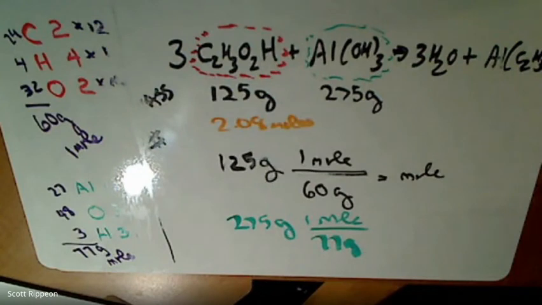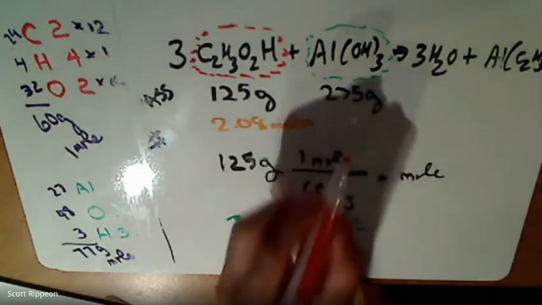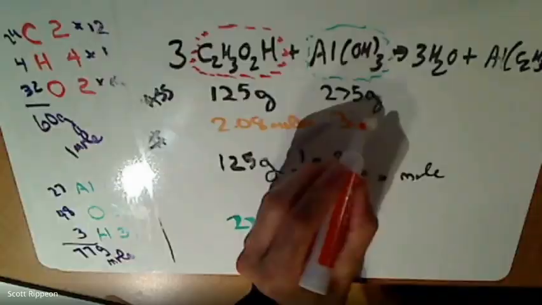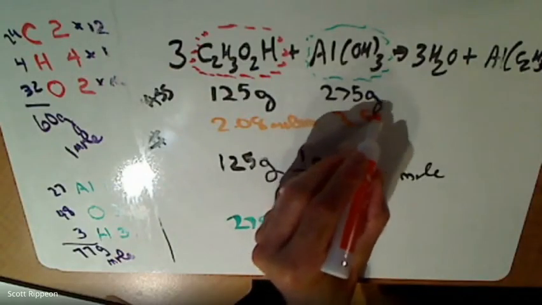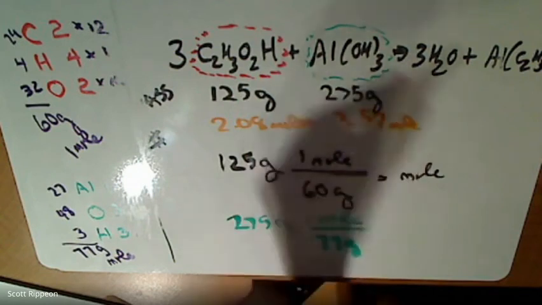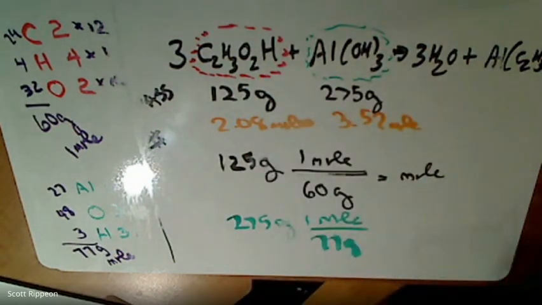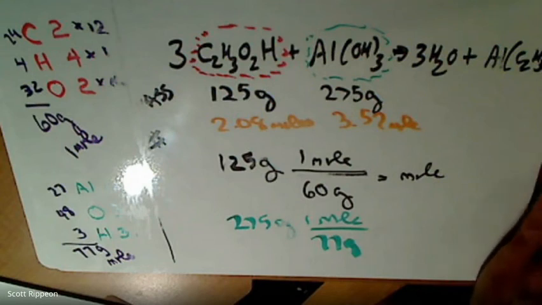And 275 divided by 77 equals 3.57 moles. I'm going to leave that up for a second so you can copy it if you need to, but it'll also be on video.